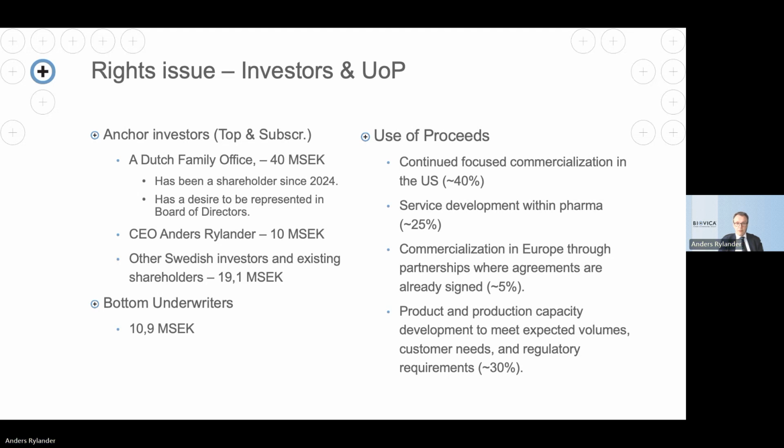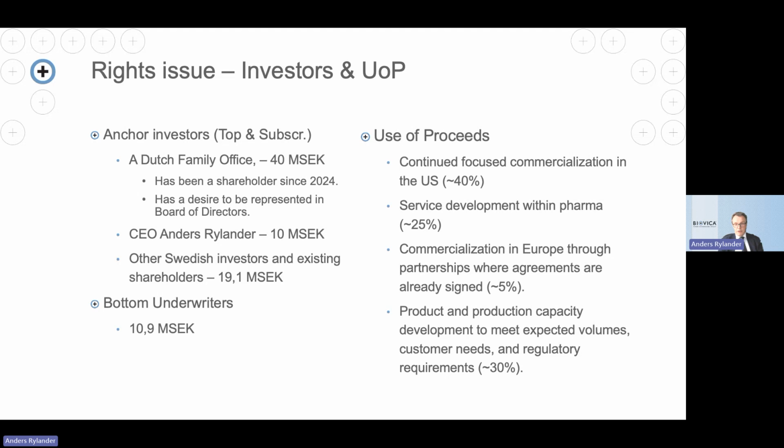Use of proceeds: about 40% being used for commercialization in the US, 25% on service development within pharma, only 5% in Europe because we think that is more for the future. And on product, as Anders said, we have quite interesting data outside of metastatic breast cancer and CDK inhibition.